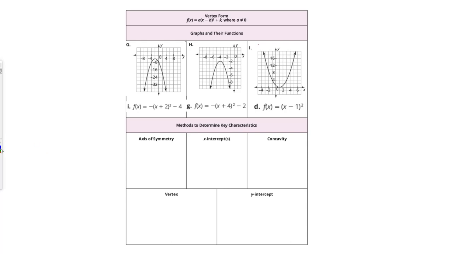The last method that we have is vertex form. Again, your concavity is that a. If a is greater than 0, it opens up. If a is less than 0, it opens down.